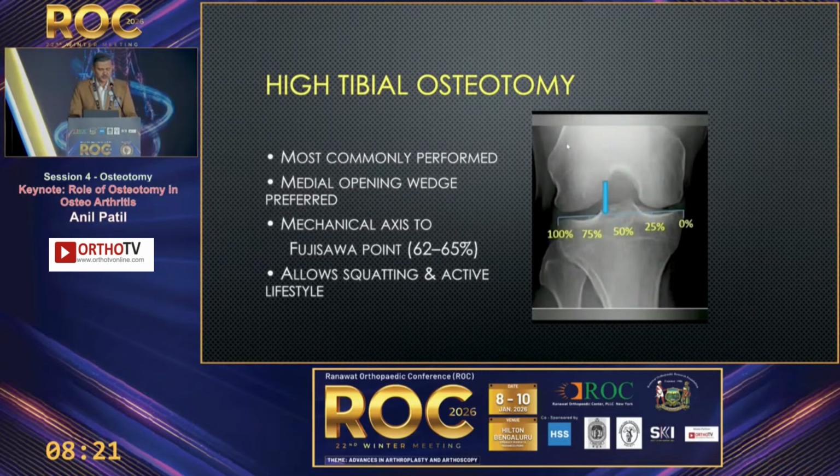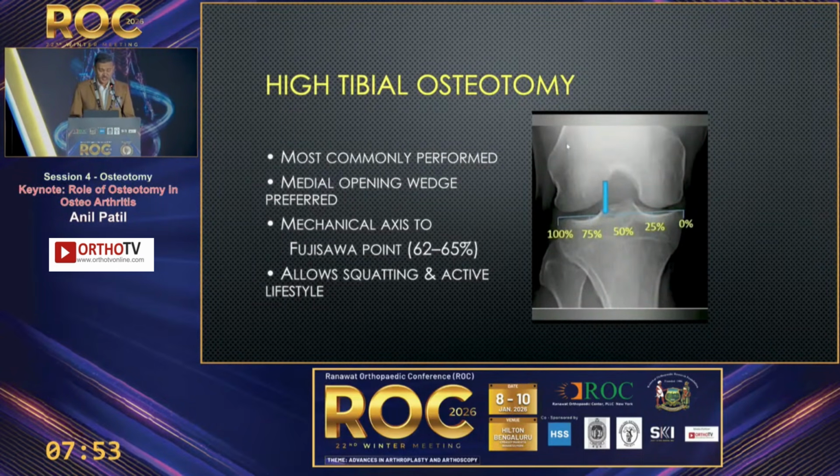The high tibial osteotomy is the most commonly performed osteotomy, and the medial opening wedge is preferred among the two. What we are trying to do with this osteotomy is attain the Fujisawa point of 62 to 65%. Why? Because if there is more load on the medial side, you are trying to shift it more laterally so that there is lesser load.